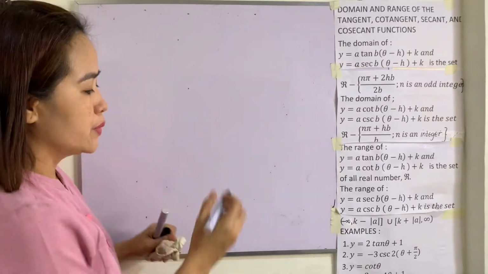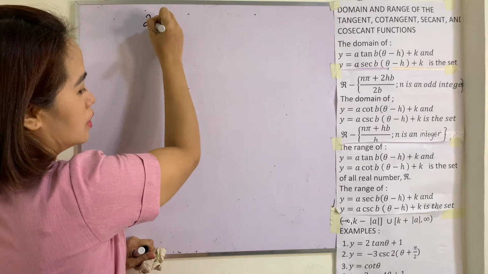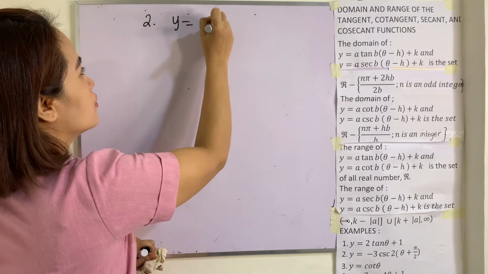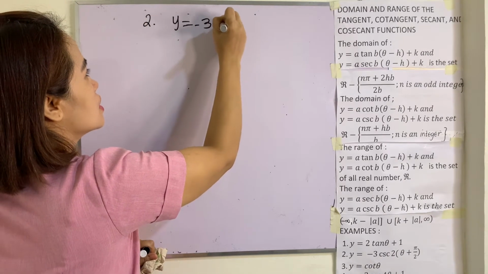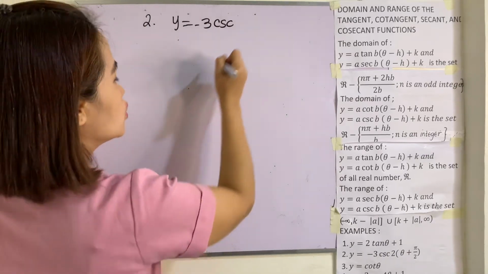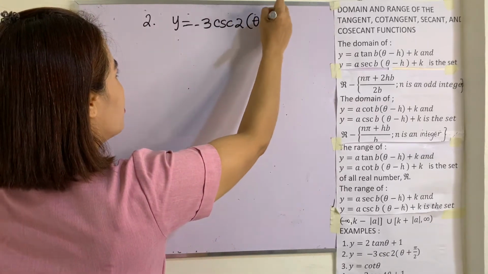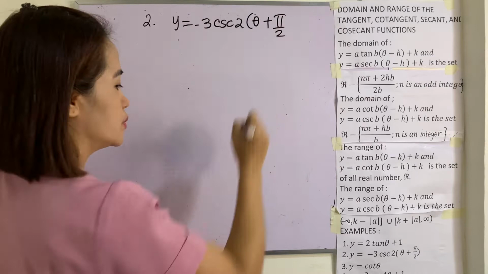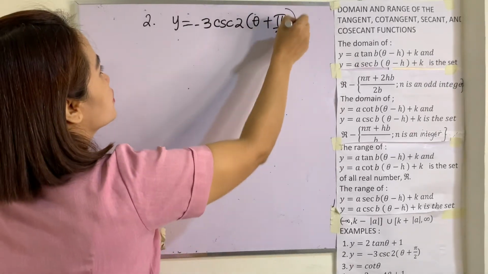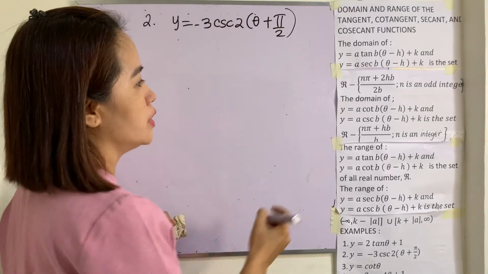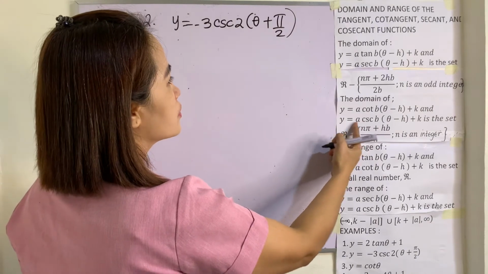Example number 2, we have y equals negative 3 cosecant of 2 theta plus pi over 2. Okay. So it is already written in this form.